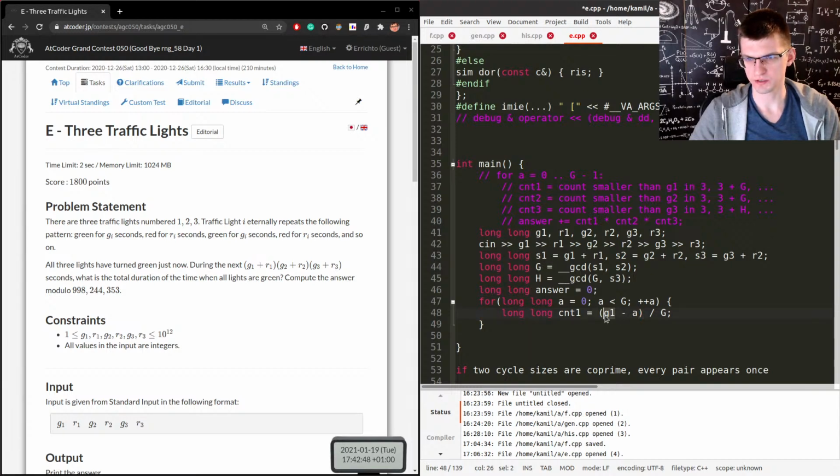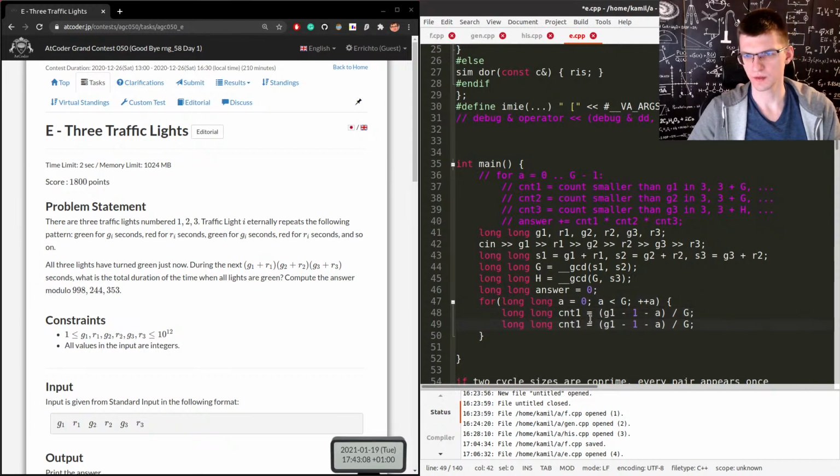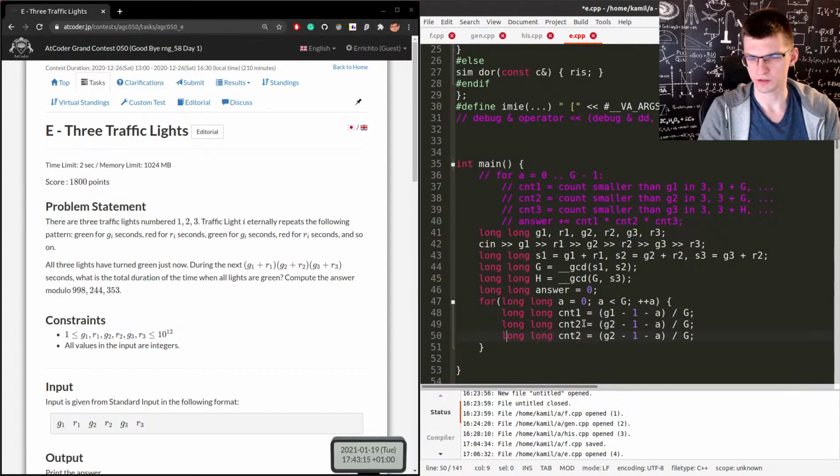This is 3 plus G, then it's 2. But I want smaller than G1 because I start counting from 0. So if G1 is 3, then I want 0. That should count those values. Here, smaller than G1. Count 2 and count 3.